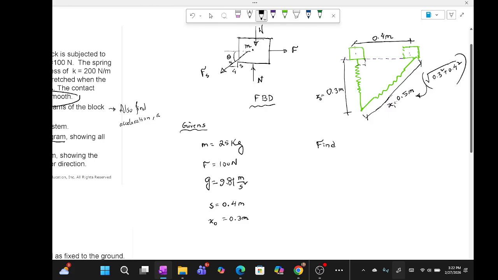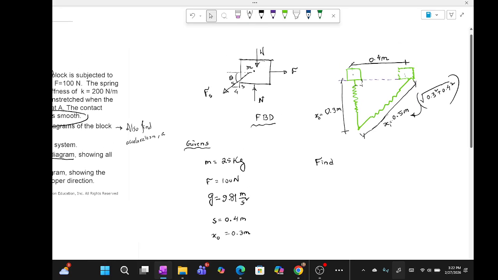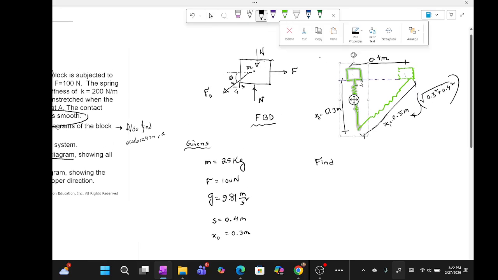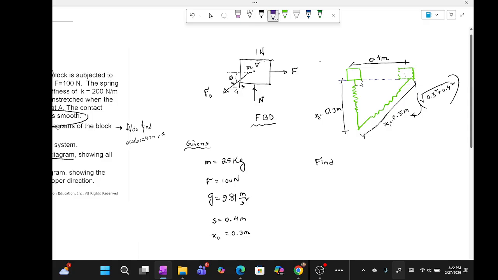We are actually trying to find, when this block is moving from left to right, there is an acceleration for that block, right? That a is the acceleration.